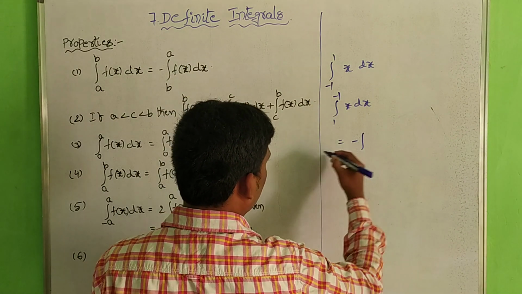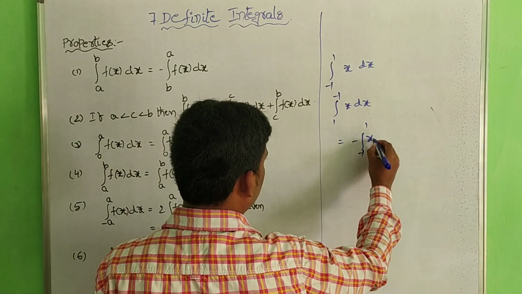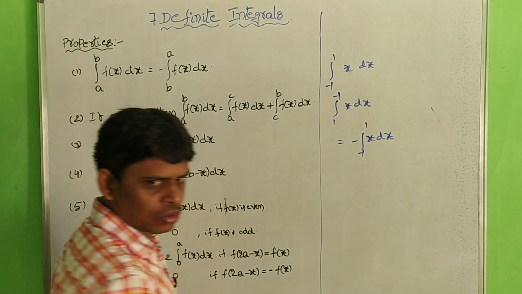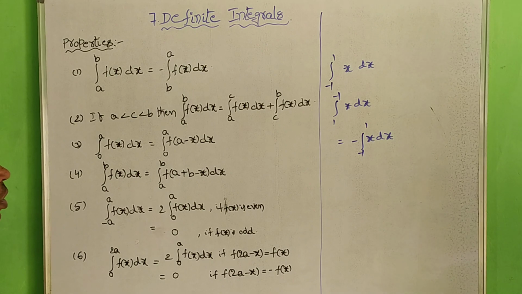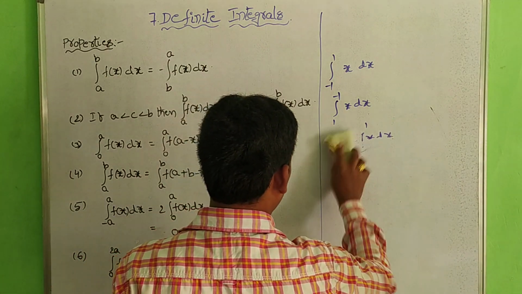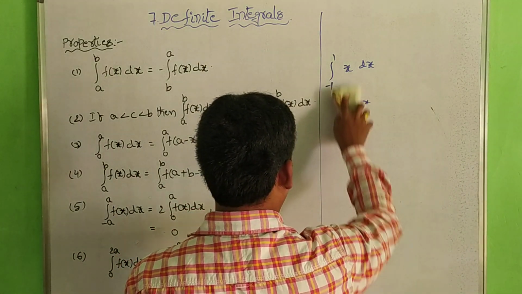Minus will be given: minus of integral minus 1 to 1 x dx. So this property is useful in this stage. Next, second property.